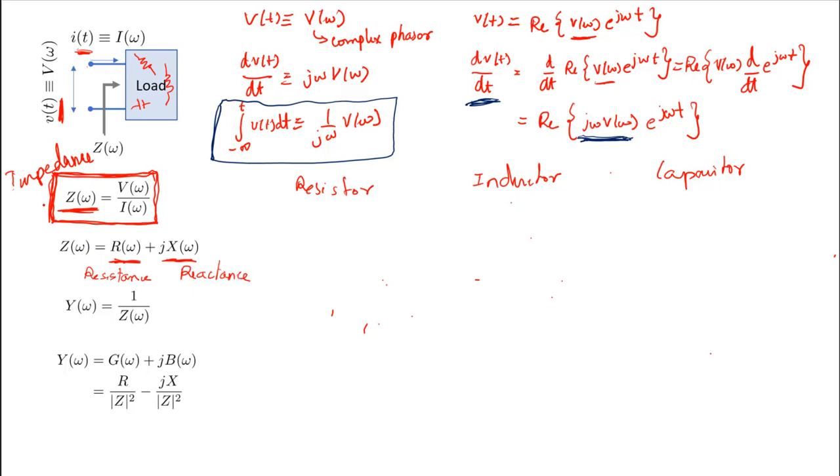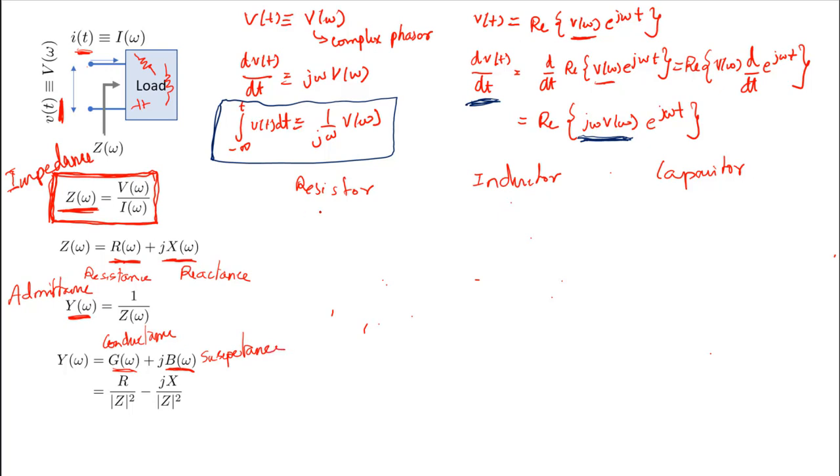The inverse of the impedance, typically denoted by Y, is called the admittance. Again, it is a complex number having both a real part and an imaginary part. The real part is called the conductance, and the imaginary part is called the susceptance.